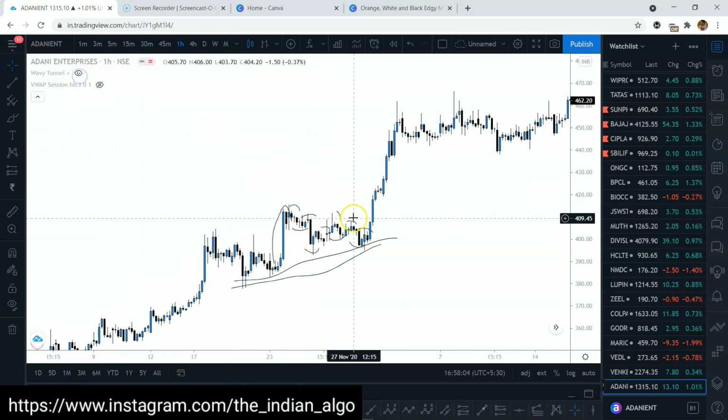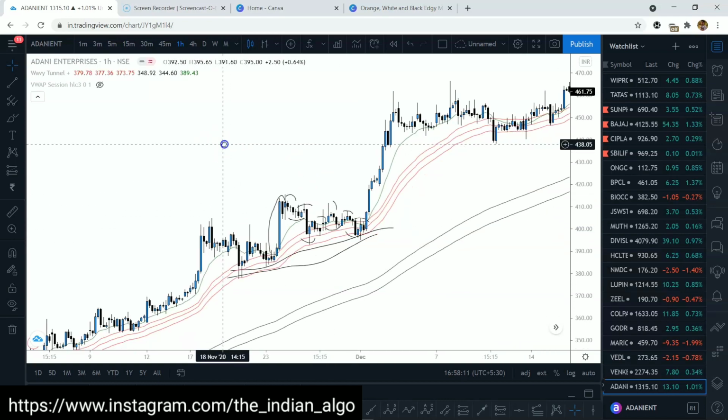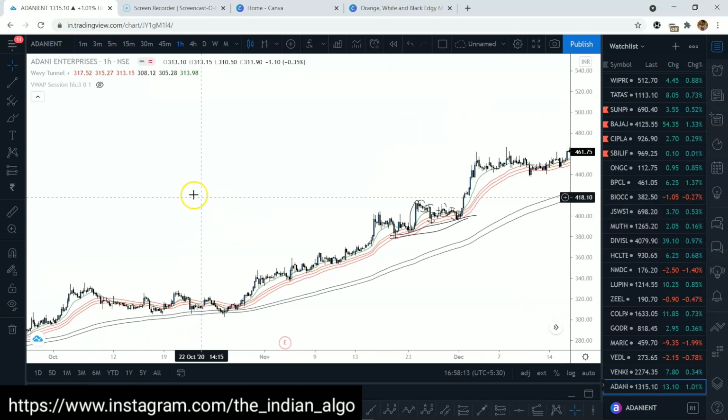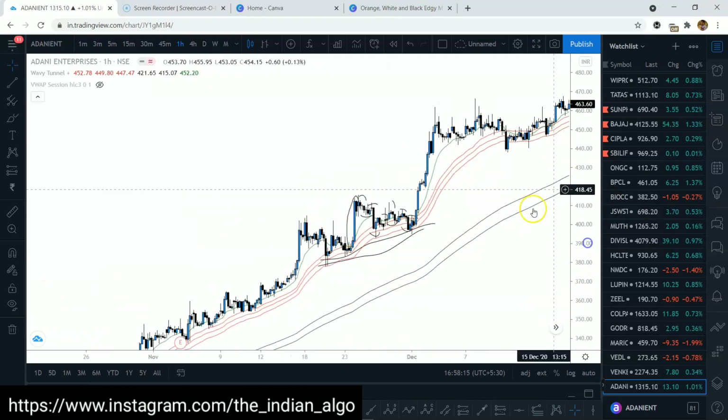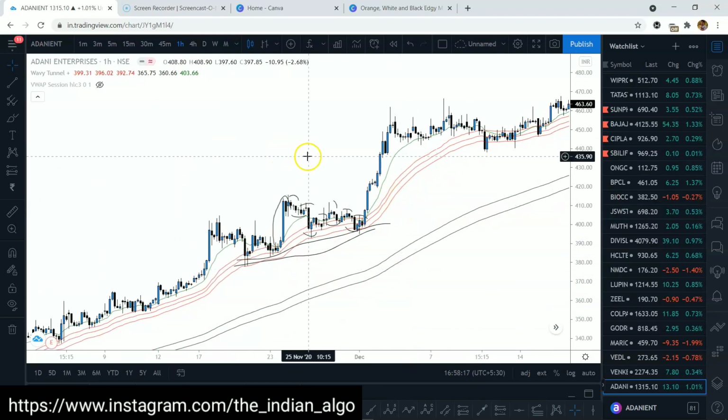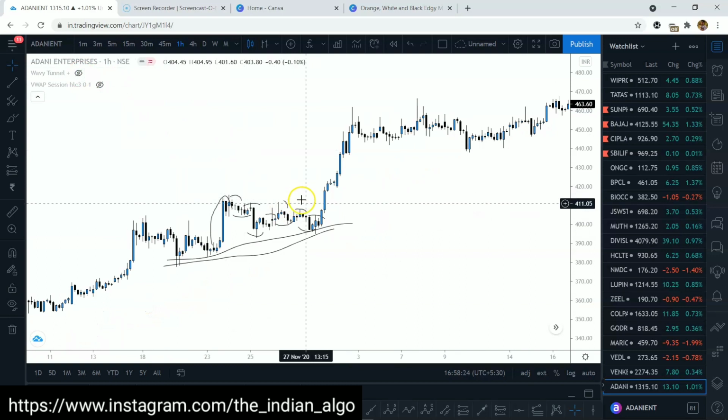Okay, I don't want VWAP on the 1 hour time frame, makes no sense. Okay, it's pretty far. So on the basis of EMAs, you will not be able to enter this, but as you get the breakout of this contraction, you can definitely take a good nice trade in here.